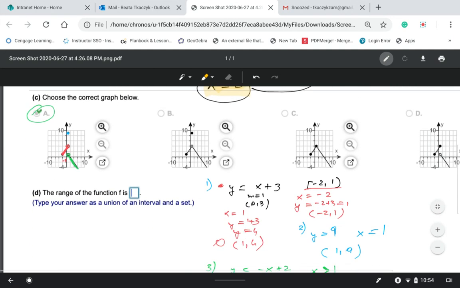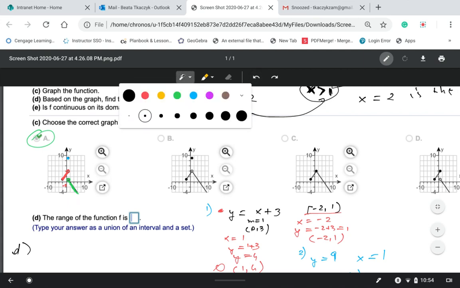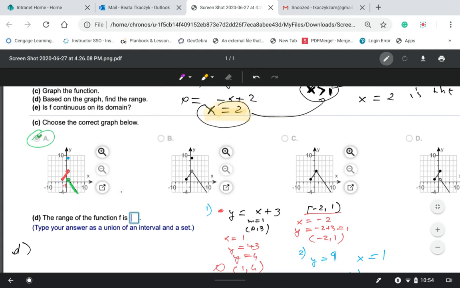Range is y values. So to find the range, you're using the y values. Look what happened. I see that this function exists for all the y's. I will use purple for all the y's from negative infinity, and when you check the range, you're going from bottom to top, from negative infinity up to here, up to this point.